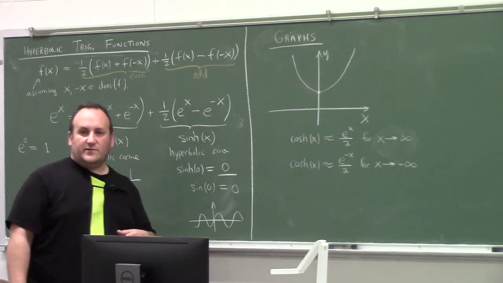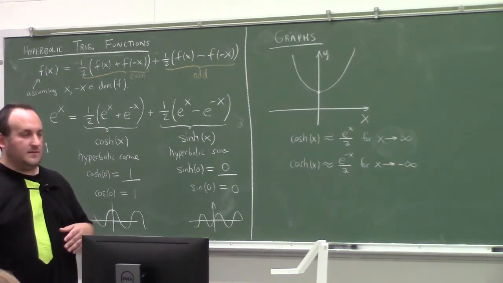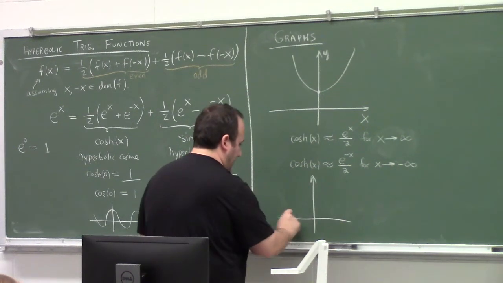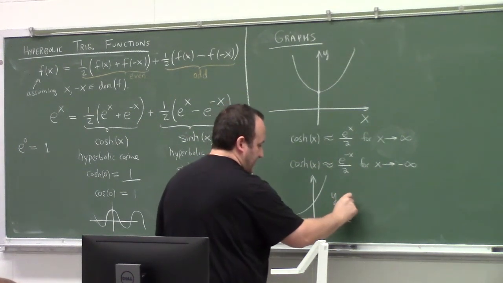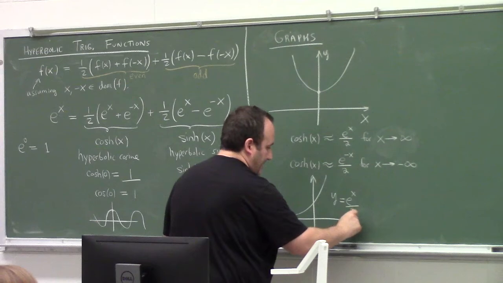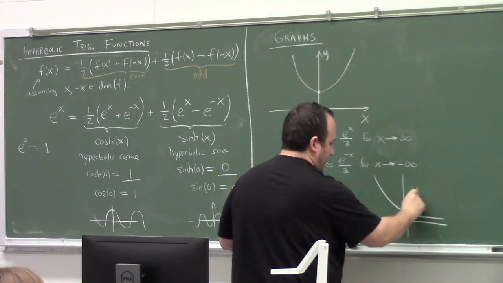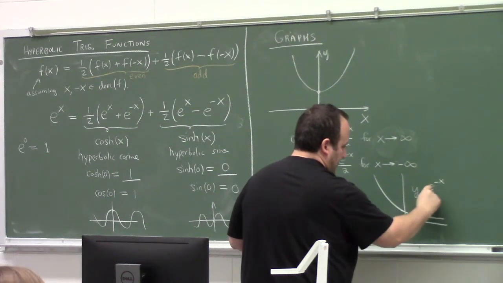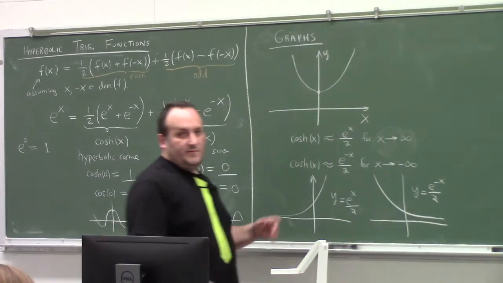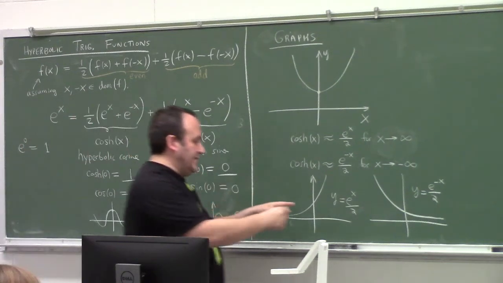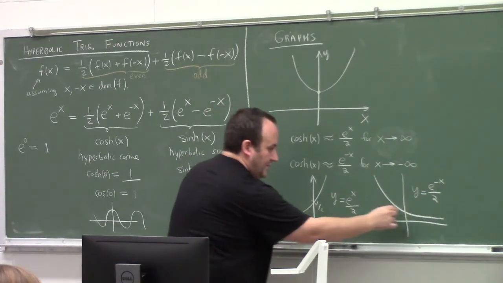So e to the x over 2, this is y equals e to the x over 2. This is y equals e to the minus x over 2. If you take those two things and add them together, this one goes through a half, that one goes through a half.